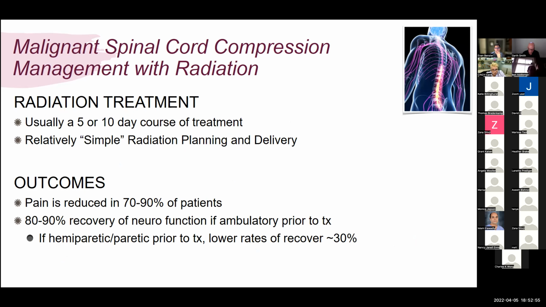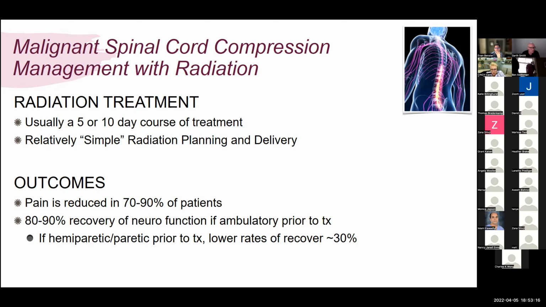In the vast majority of patients, if we use radiation, we'll have a reduction in the pain associated with the cord compression. So 70 to 90% of patients will have a reduction in their pain with radiation. And in patients who were walking prior to getting the radiation, 80 to 90% will have complete recovery of their neurological function.